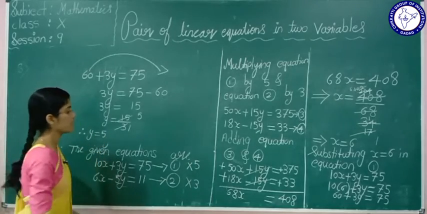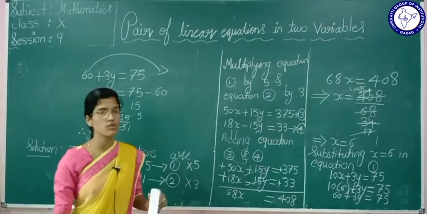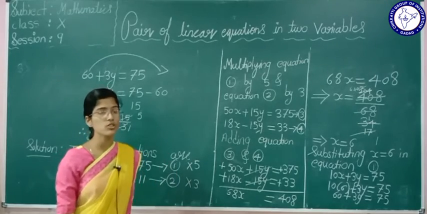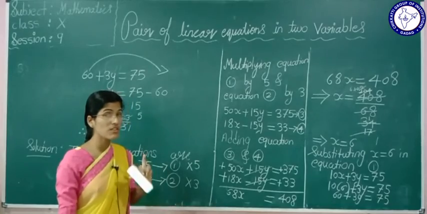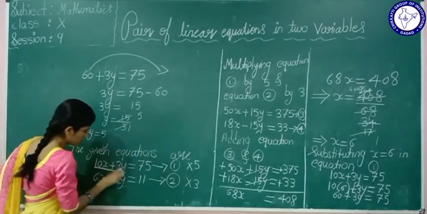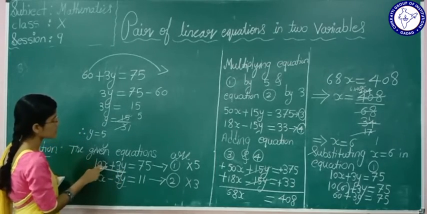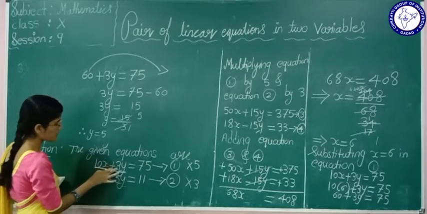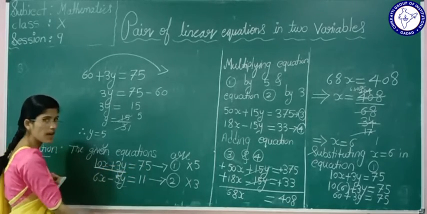So what we can tell? Therefore x is equal to 6 and y is equal to 5 are the solutions of the given equations. So you can verify and see that. How to verify? Put in these values. See here, 10 6s are what? 60. 60 plus 3 into 5 is 15. 60 plus 15 is 75.